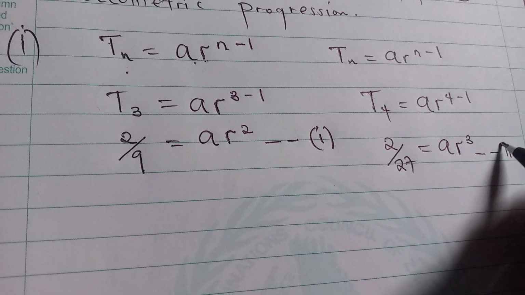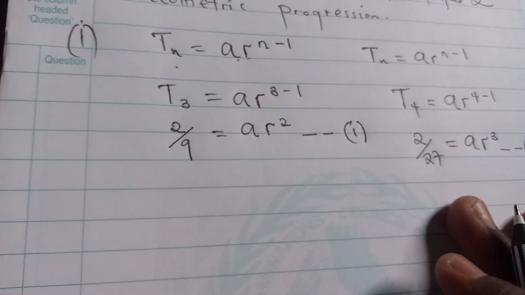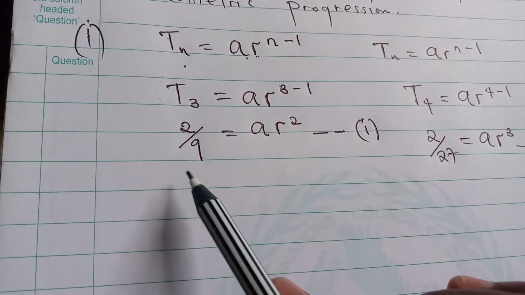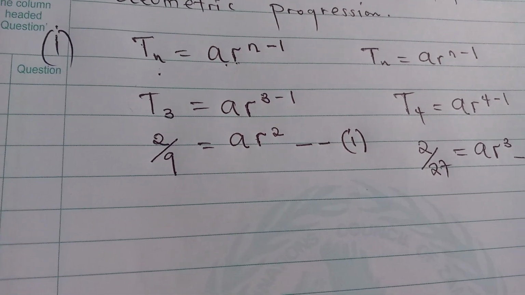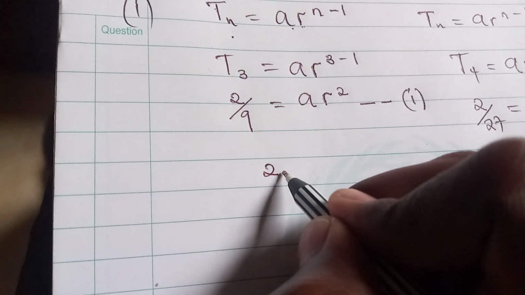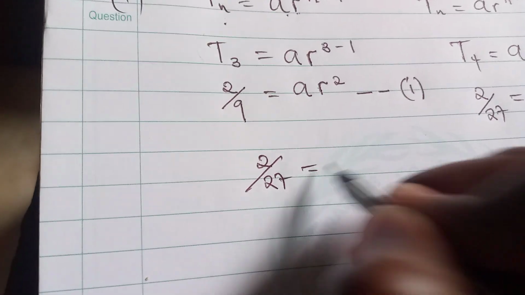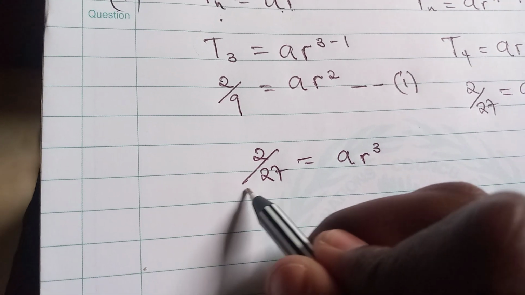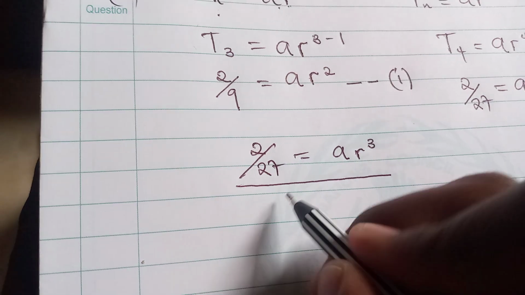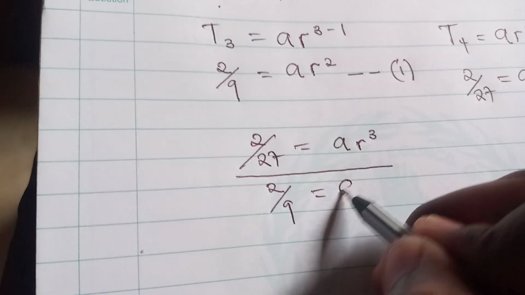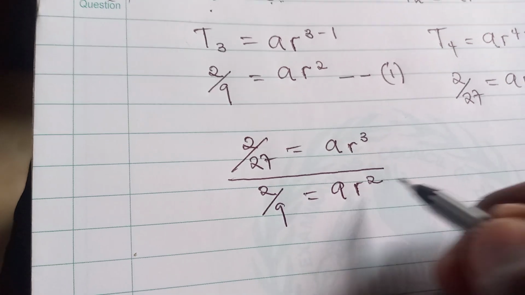This is equation 2. So you take equation 2 and equation 1 and solve them simultaneously. You write 2 over 27 is equals to a r to power 3, over 2 over 9 is equals to a r to power 2.